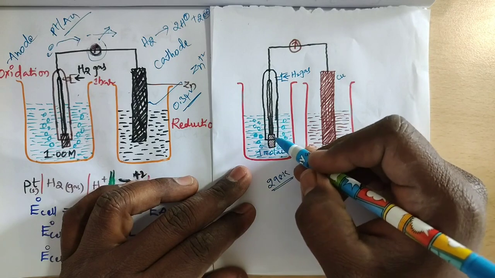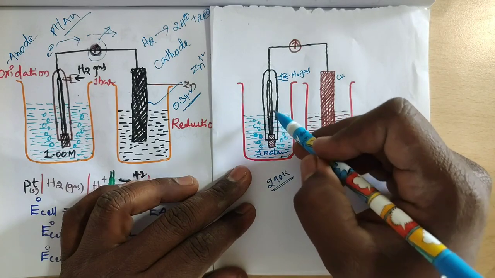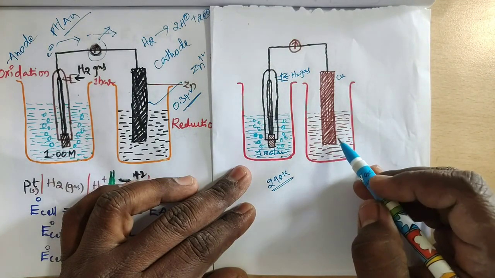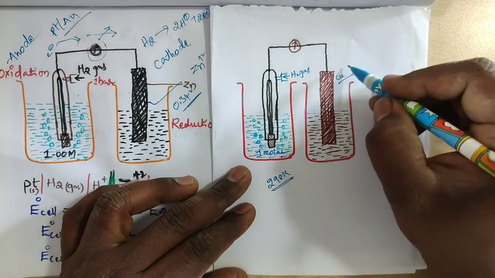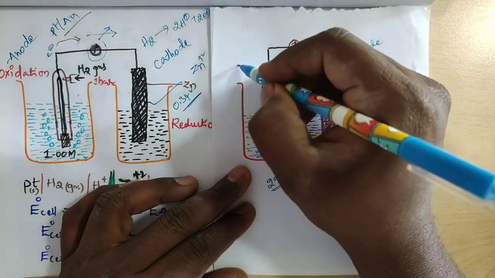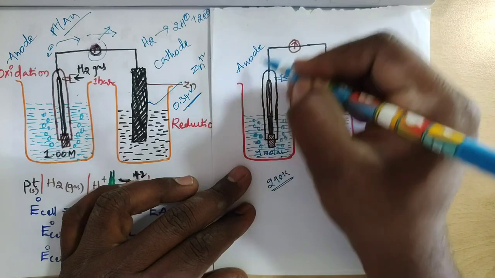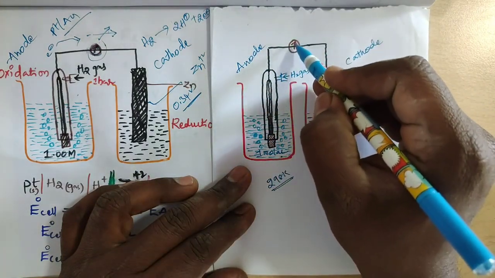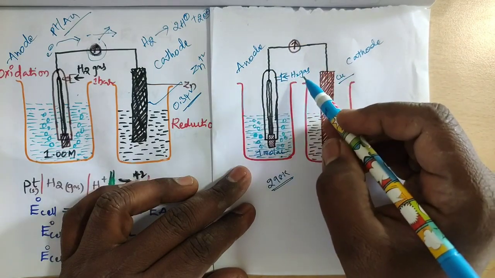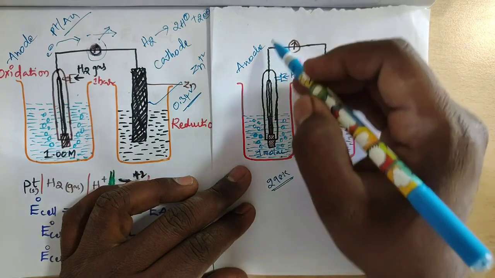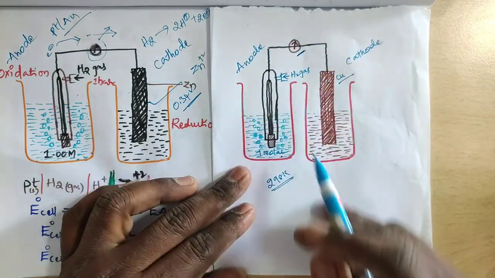So this is a standard hydrogen electrode, and this electrode is connected to the other half cell electrode. For example, you take the copper electrode. This we take as the cathode, and this we take as the anode. Both are connected, and a voltmeter is present. How much potential is produced is calculated by using the voltmeter.